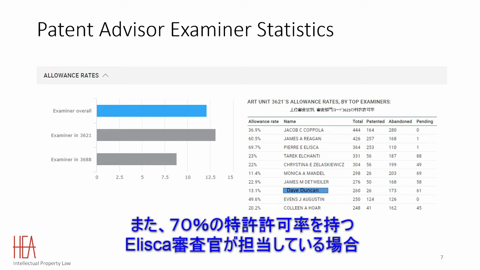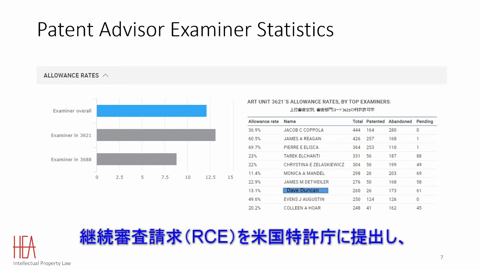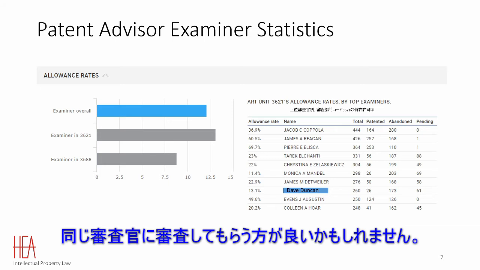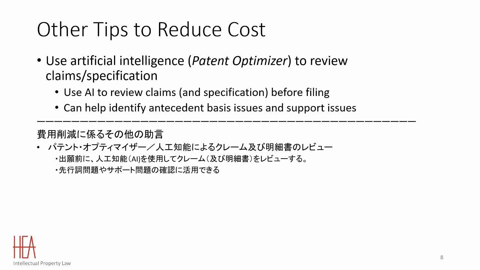Whereas if we have examiner Aliska, who has a 70% allowance rate, perhaps we don't want to appeal. Perhaps we just want to file an RCE and stick with this same examiner because we know that this examiner is more likely to allow the case than their counterparts in the art unit.